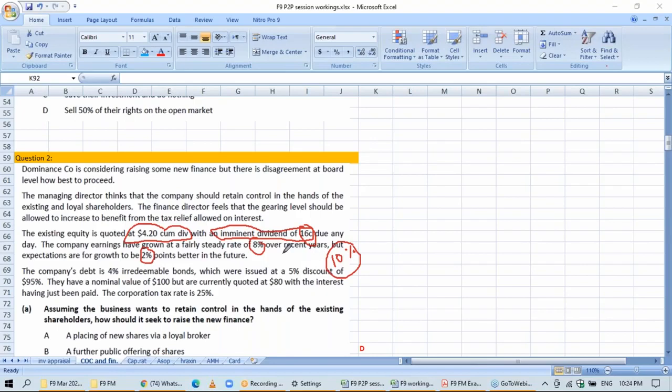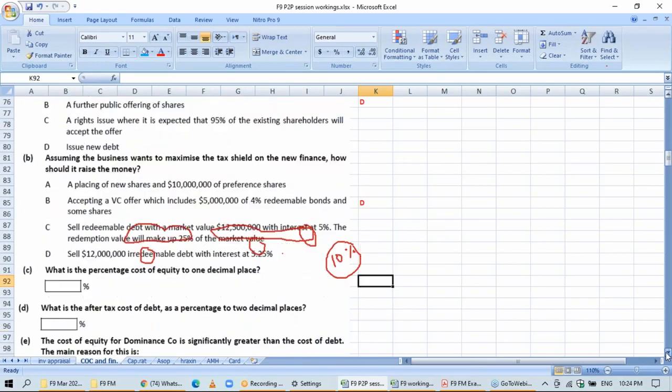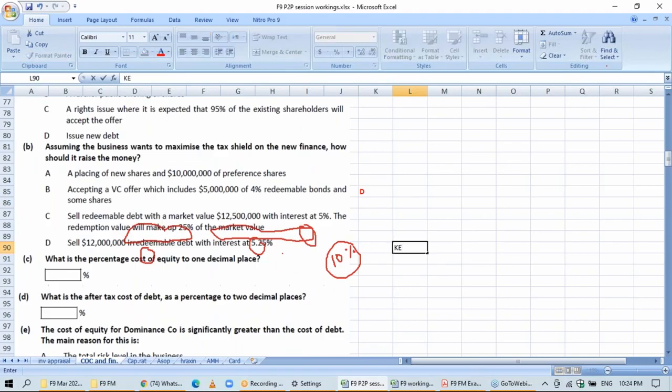You will need the formula for the dividend growth model, which I am writing down on the Excel sheet near part C. The formula for the dividend growth model, where Ke stands for cost of equity, is D0 times (1 plus growth rate), divided by the ex dividend price of the share.